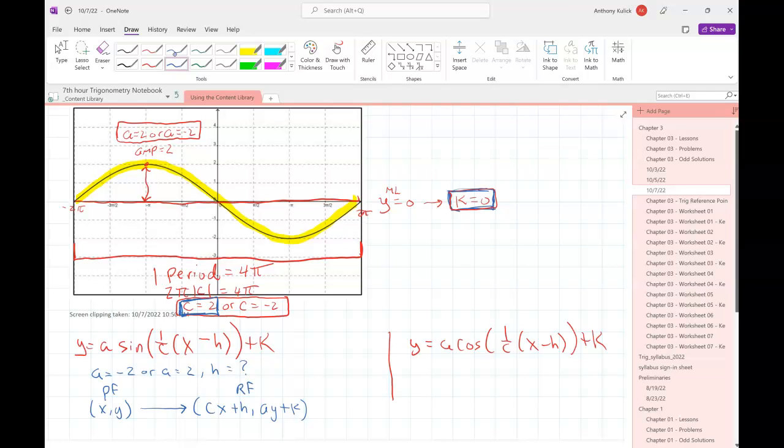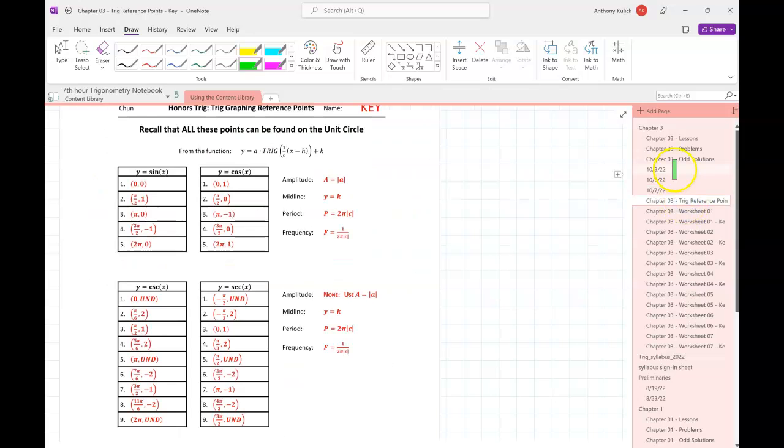So we'll start by choosing a point from our parent function. Since we're using sine, we'd pick one of the reference points from sine. Which point would I want to use, do you think? There's an answer that's easier, although it doesn't really matter, but I want to do it the easy way. 0, 0 would be the type of point that I'd want to pick. Great.